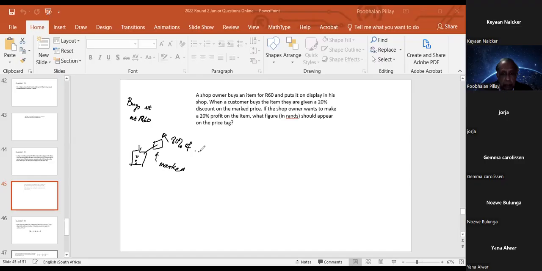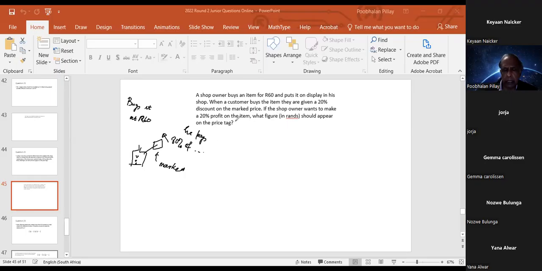And that is what he pays. Because you work out 20% of it and you subtract it from whatever it is, that's a discount, which is the same as saying it is 80% of the marked price. Right. Now, so this is what he pays.